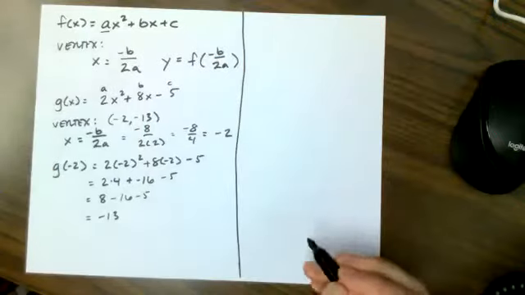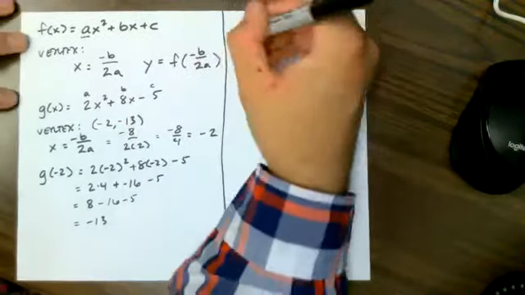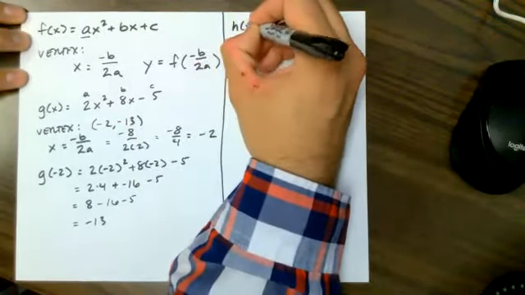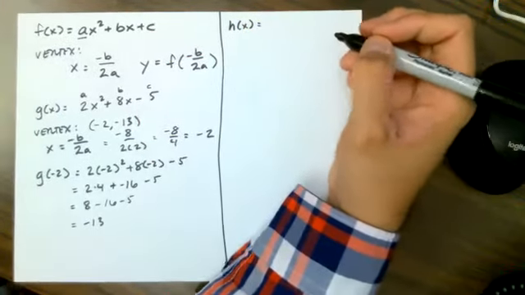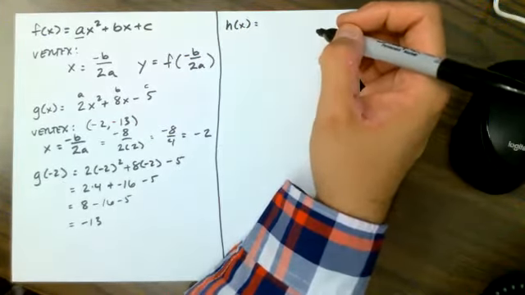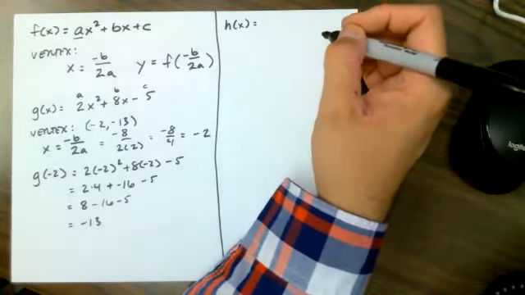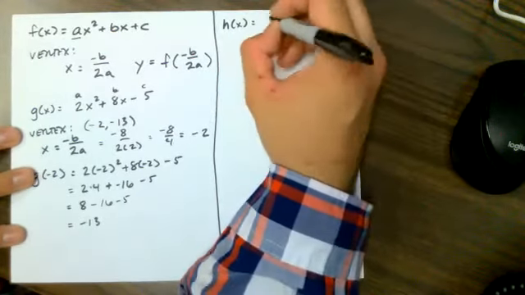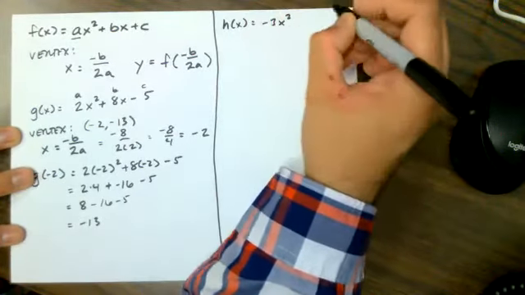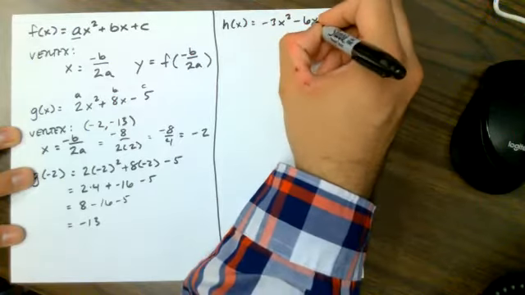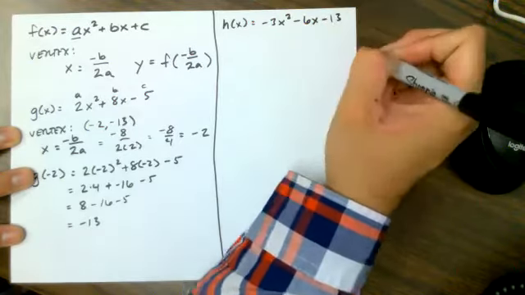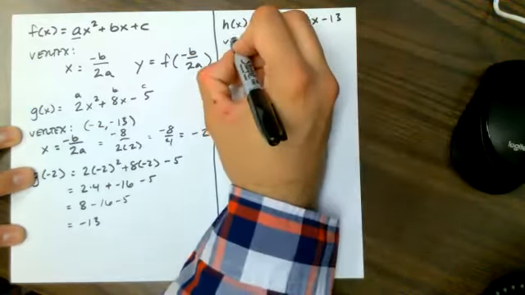So let me give you another one. I want you to try this. So I'm going to pause it again and try this one on your own and just find the vertex, okay? So h of x equals, let me steal one out of here. h of x equals negative 3x squared minus 6x minus 13. And all I want you to do is find the vertex.